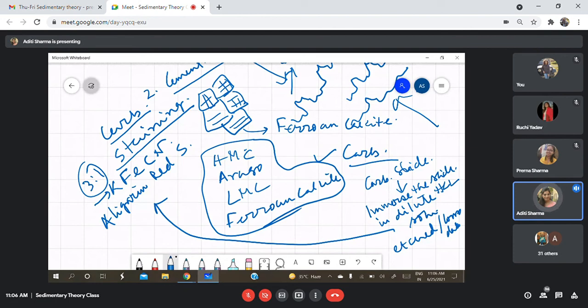Potassium cyanide is a poison, but potassium ferricyanide is a salt.